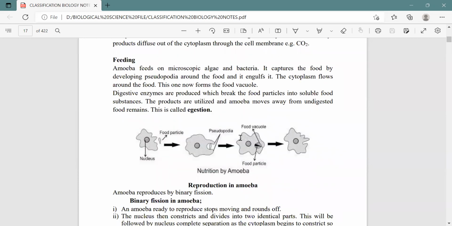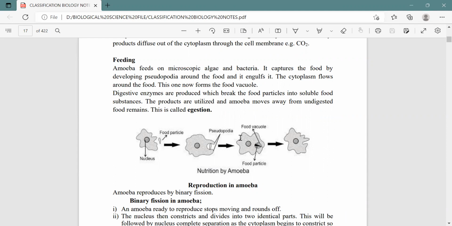These are diagrams and an explanation of how an amoeba can engulf a food particle, and that could be a diatom in water, and digests it inside the cell in a food vacuole.